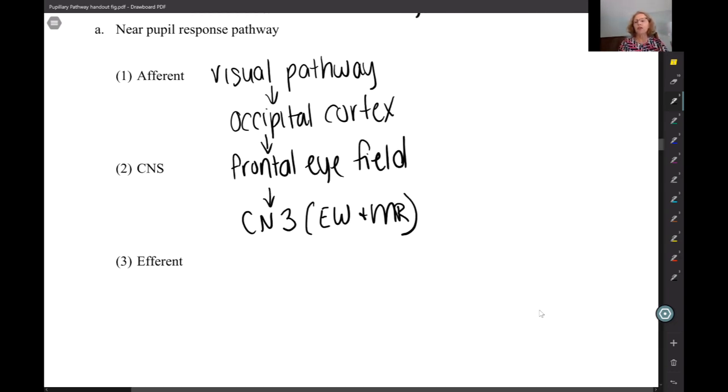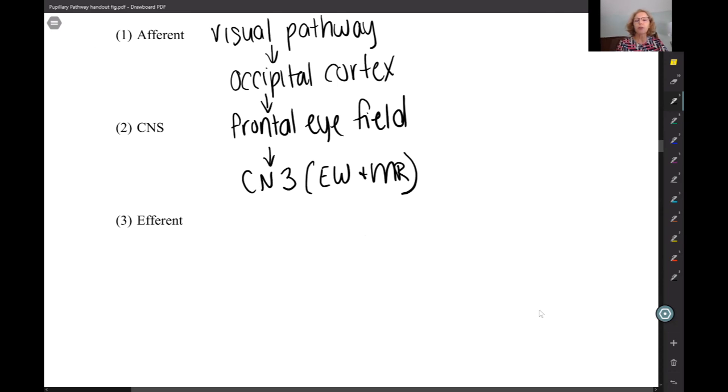From cranial nerve 3, the signal goes to the medial rectus, which will cause convergence.